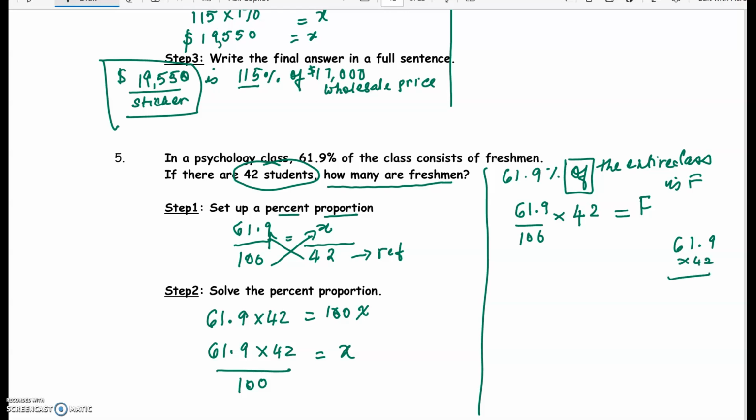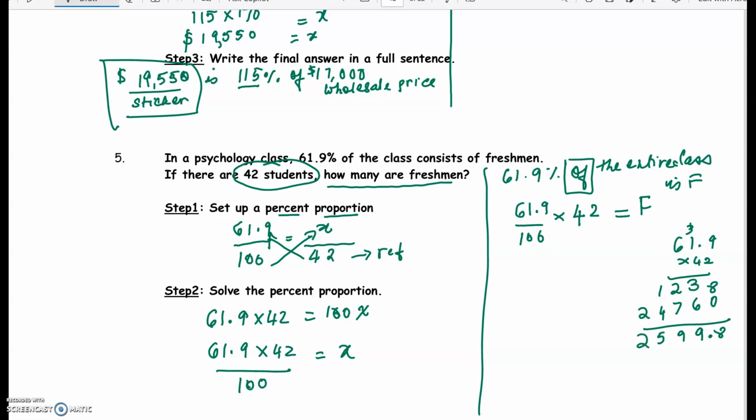9 times 2 is 18, 2 ones are 2, 3, 6 twos are 12. Right now I'm not worrying about the decimal point. 9 times 4 is 36, 4 ones are 4, 5, 6, 7, 6 fours are 24. So we have 8, 6 plus 3 is 9, 7, 8, 9, 5, 2.